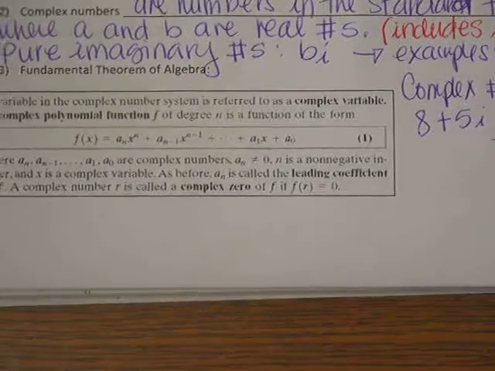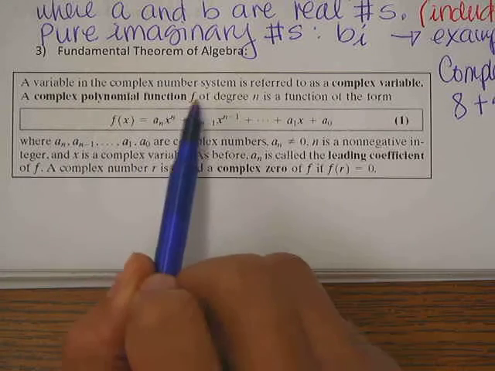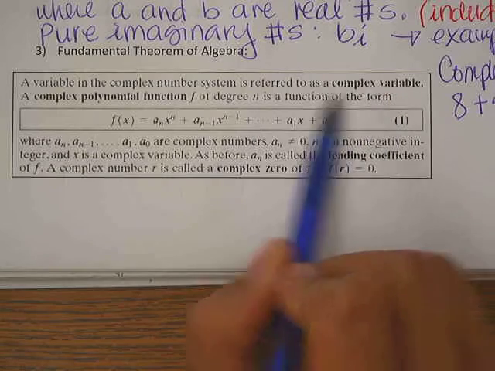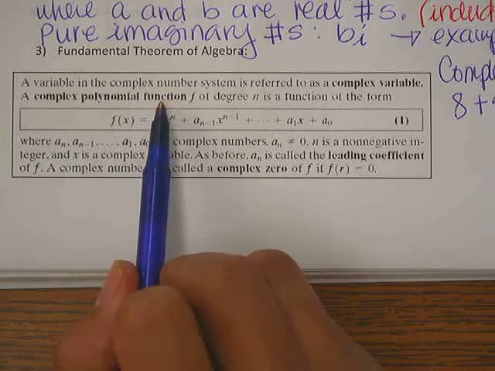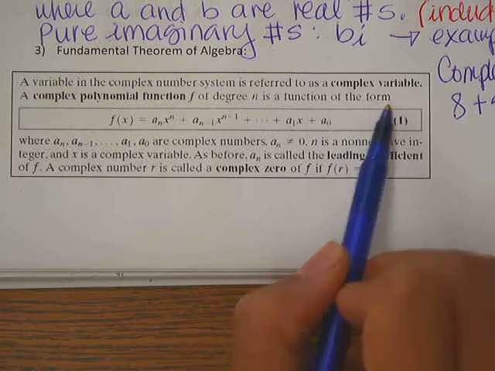A variable in the complex number system is referred to as a complex variable. A complex polynomial function f of degree n is a function of the form.